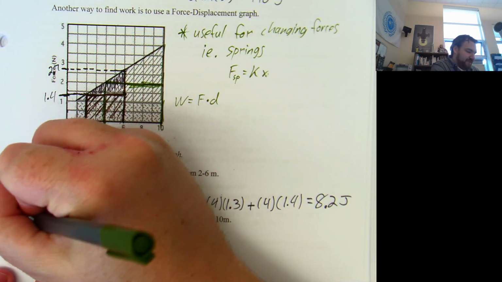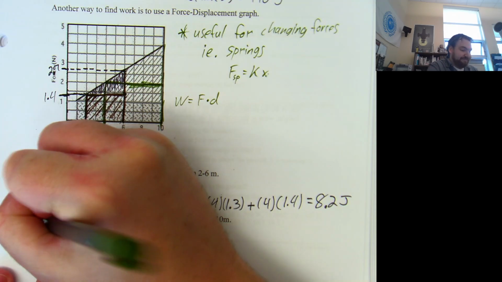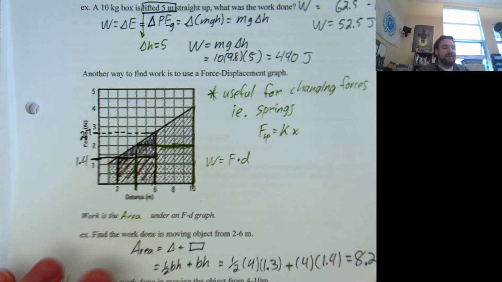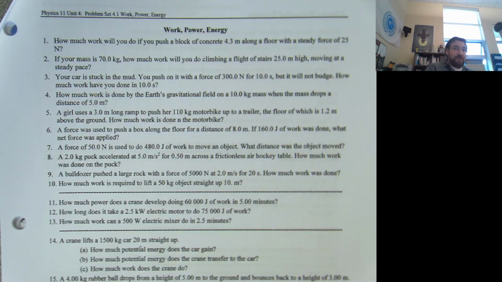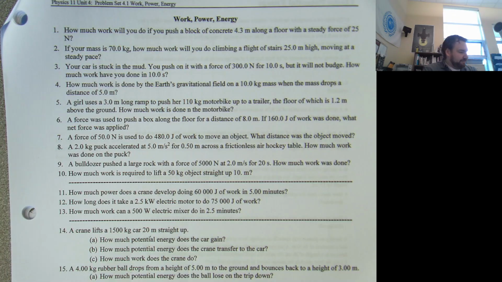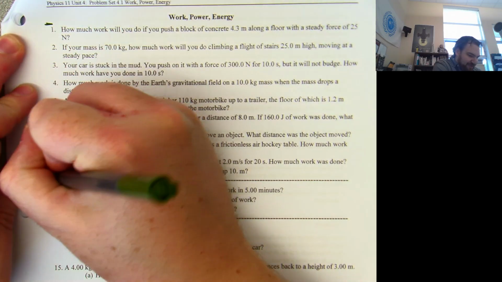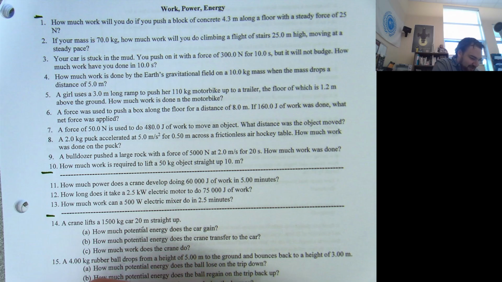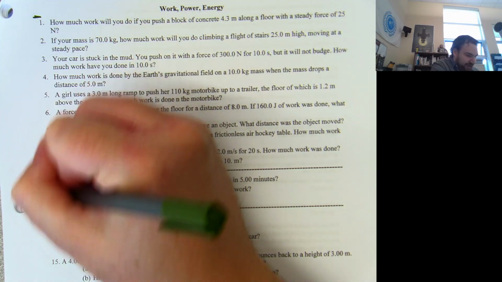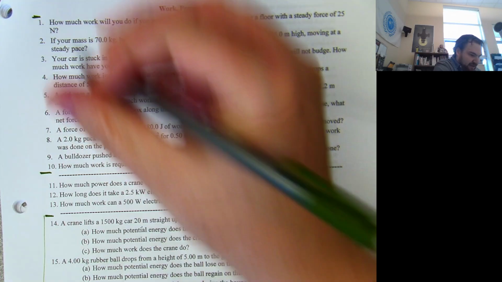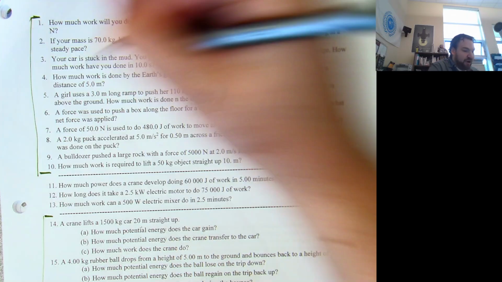So your homework is going to be this question down here. Flip the page to the work, power, and energy section. I want you to look at 1 through 10, 14 through 18. You're ignoring 11, 12, and 13; we'll come back to those tomorrow.